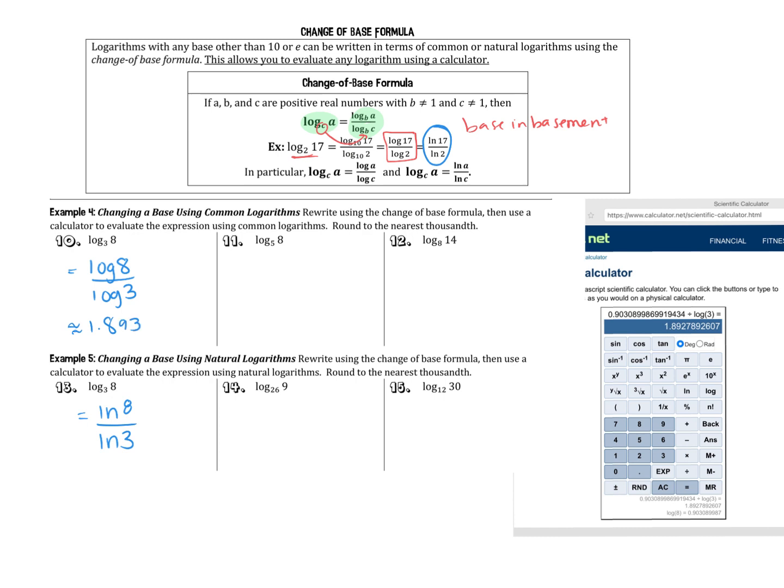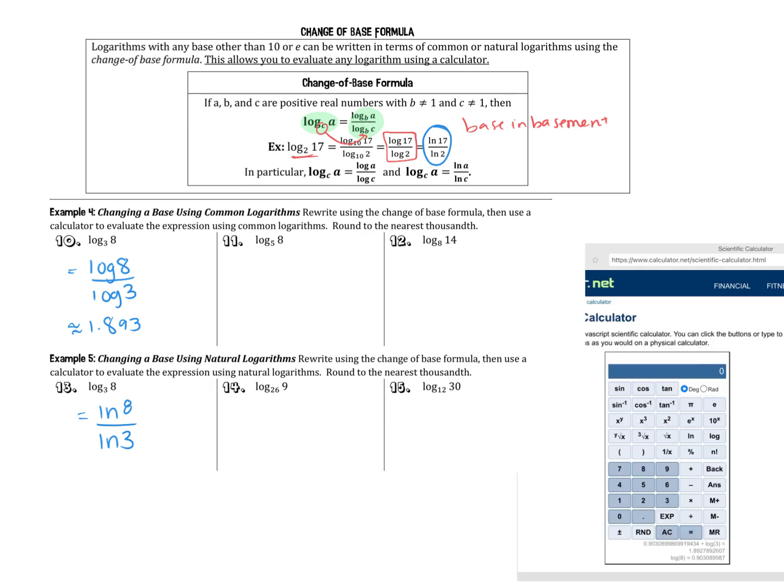Let's see what happens if we do the exact same thing with natural log. So let's clear this. Now we can type natural log of 8, close parentheses, divided by natural log of 3, equals, and if you look, we're going to get the exact same value.